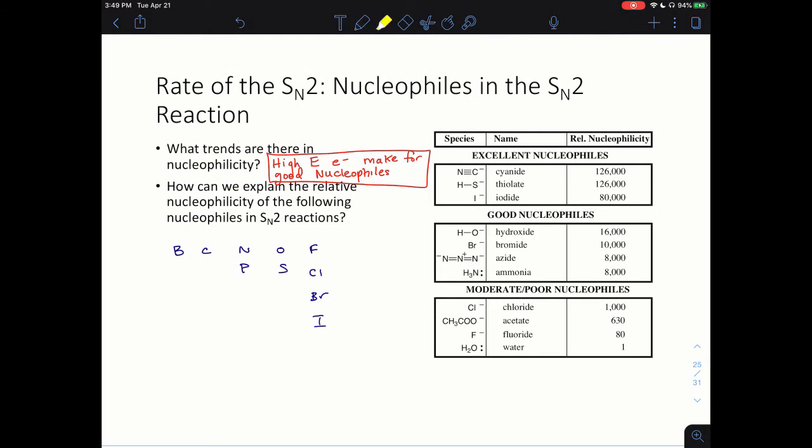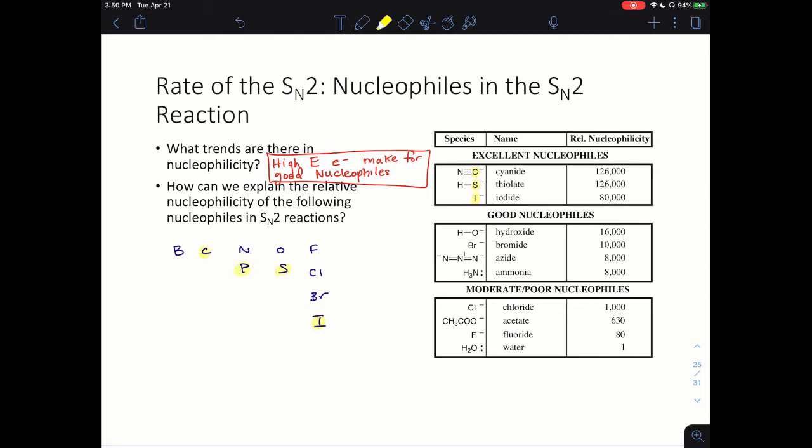Let's take a look at the atoms that are in our excellent nucleophile category here. So carbon, sulfur, and iodine. There are no phosphorus-based nucleophiles in this list, but phosphorus would also be on the excellent nucleophile list, okay?